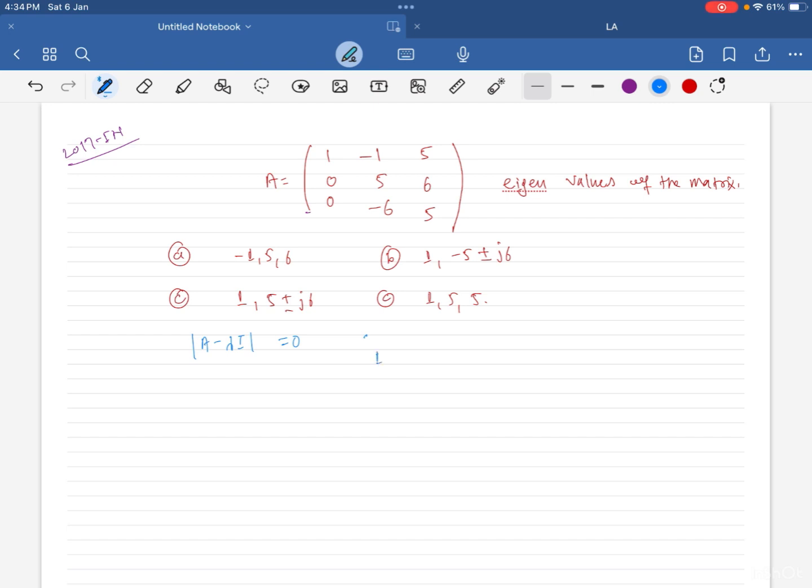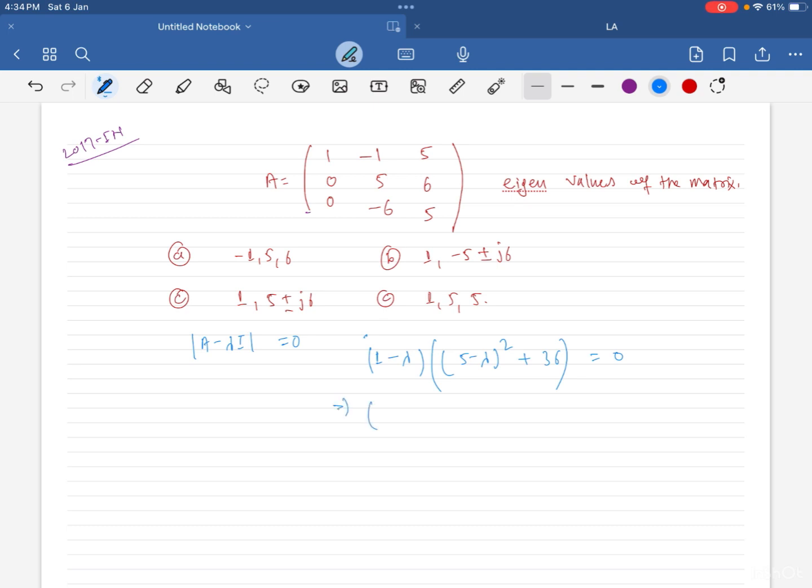If we take the determinant, that will be 1 minus lambda times 5 minus lambda squared plus 36 equal to 0. That is what we will get, right?